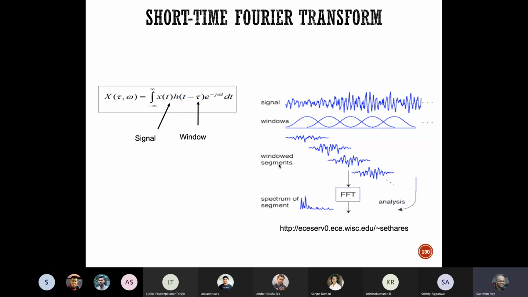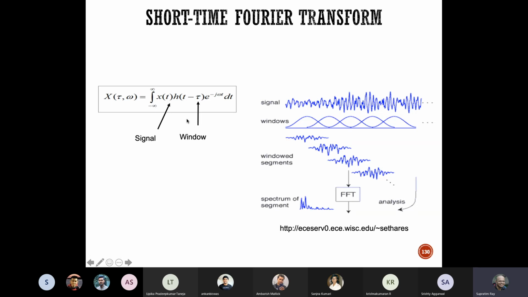Okay, so the simplest thing that you can do is what is called the short time Fourier transform. The idea here is very simple. You've got the signal here, x(t), which is a long signal like that. You usually multiply it with a window and then take the Fourier transform. That becomes your windowed Fourier transform.